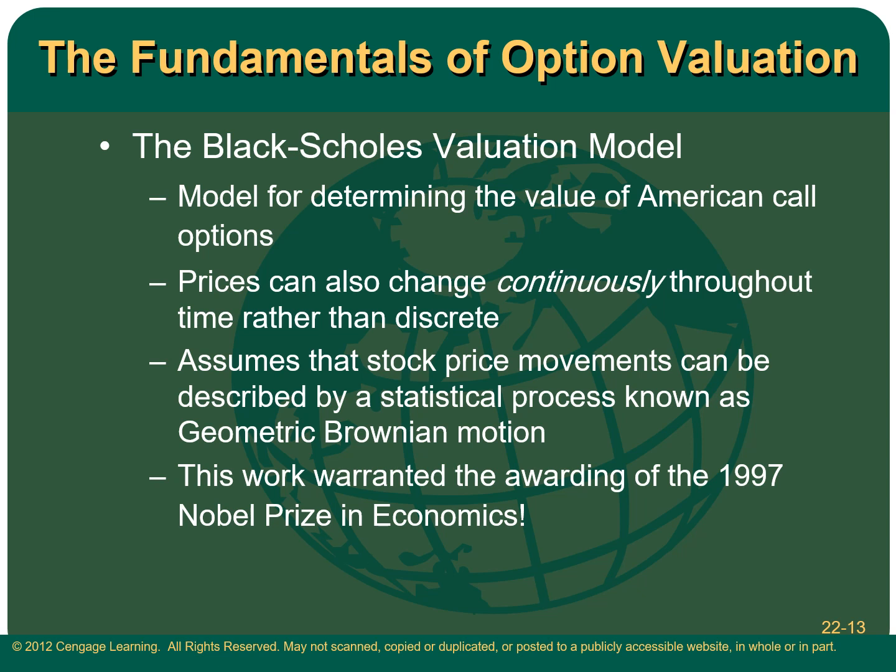This work warranted the awarding of the 1997 Nobel Prize in Economics. So it is very important. Please note that Professor Black and Professor Scholes were the first to make this model.